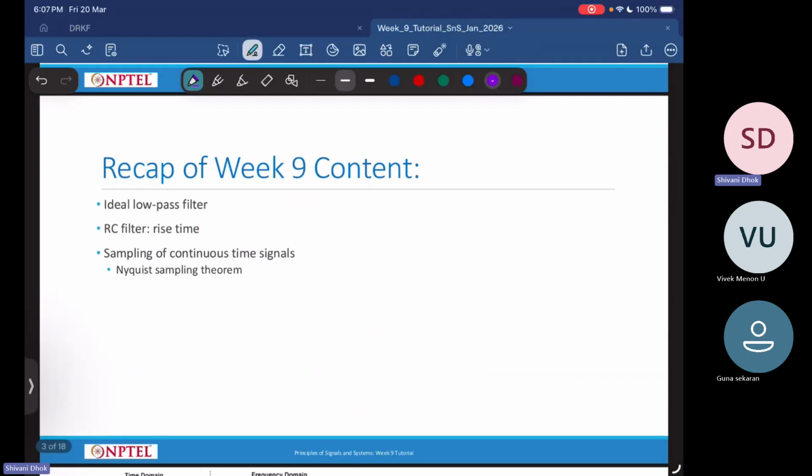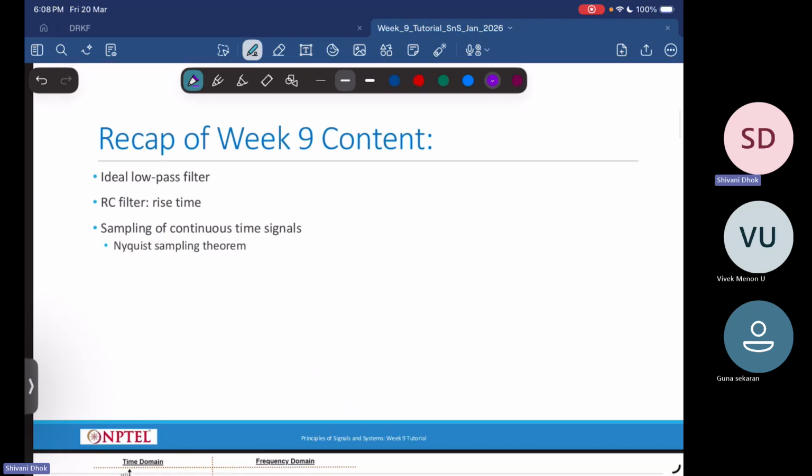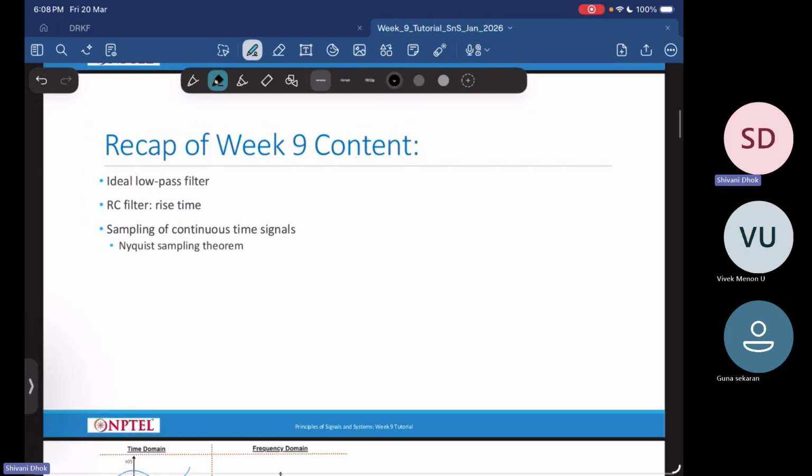After that, we switched gears, and what we want to do is study discrete time signals. But all the signals that are naturally occurring are continuous time in nature. So first we need to understand how to move from continuous time to discrete time. That is achieved by something known as sampling.